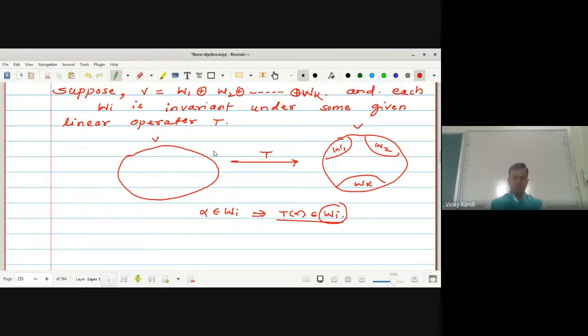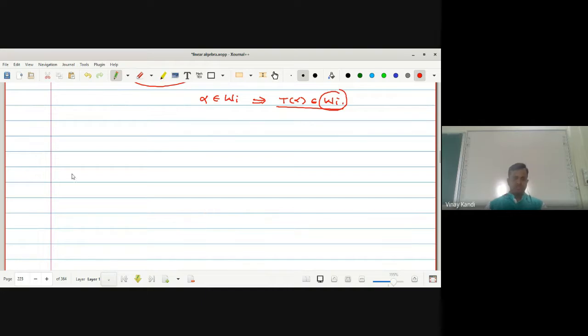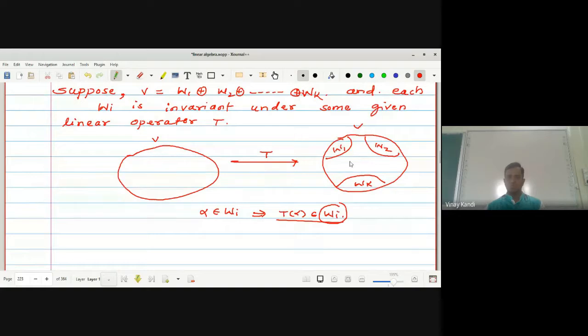So the next step is, for such a decomposition of V, this is the word decomposition of V. It has been broken into pieces W1, W2, and so on; V is decomposed.